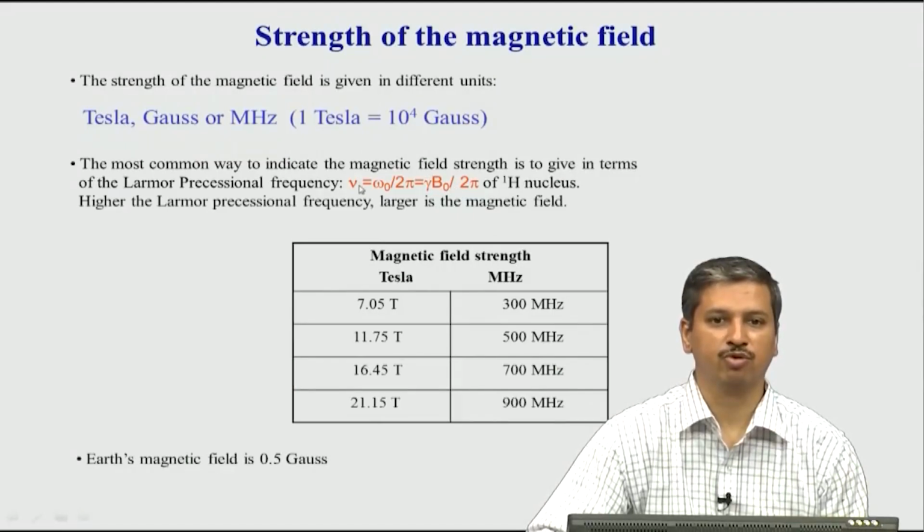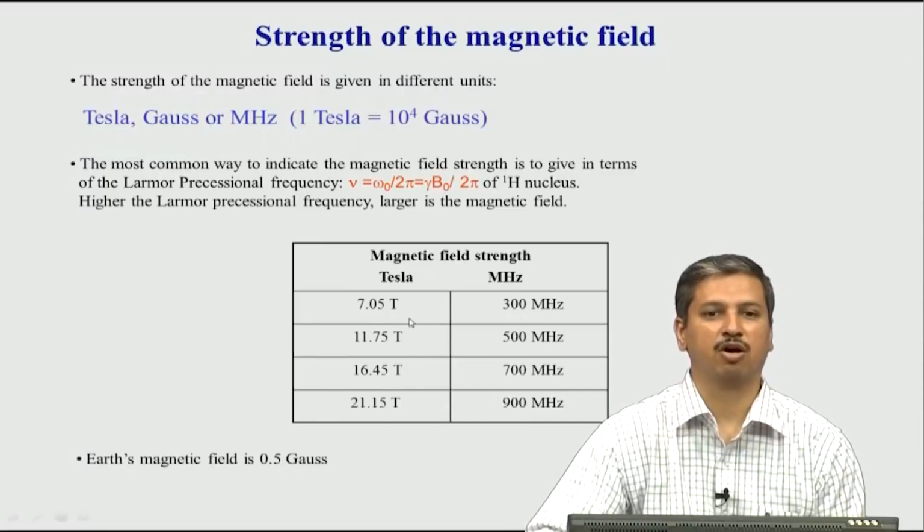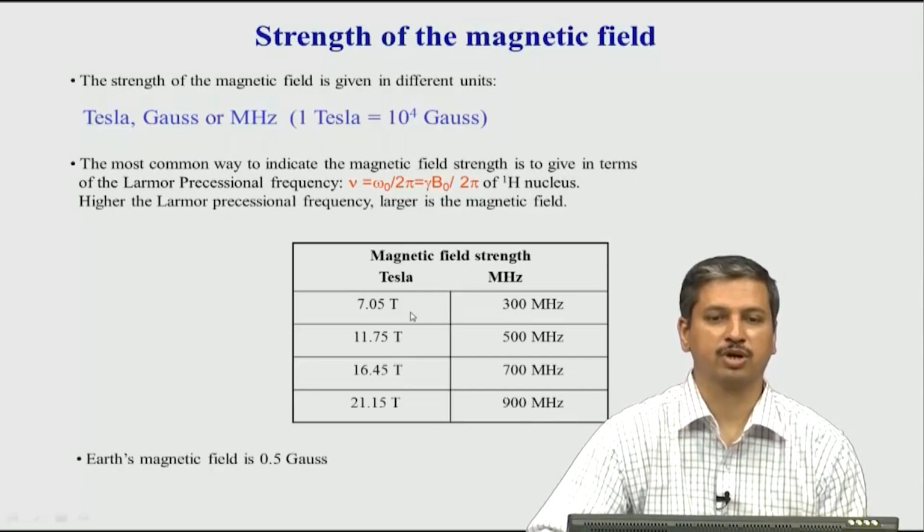The nu is a frequency unit, in hertz, or megahertz, whereas B0 is in Tesla. If you multiply by gamma, which you can see from a lookup table, you will get the value of nu in the typical range of megahertz, and that is why for all the NMR systems we typically talk in megahertz.